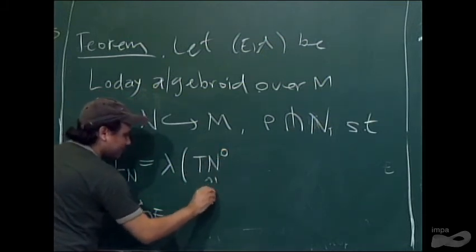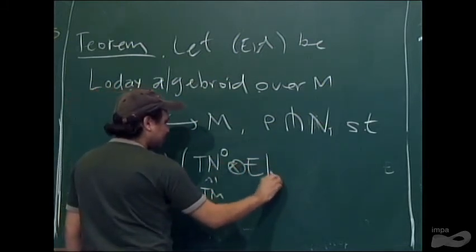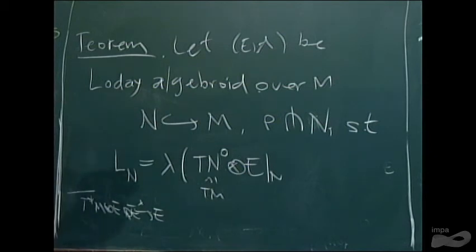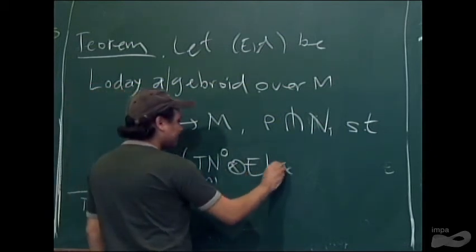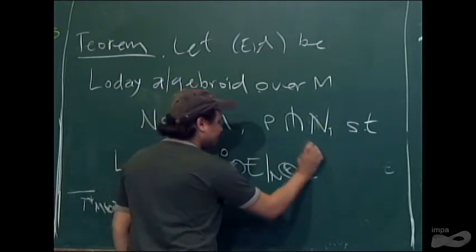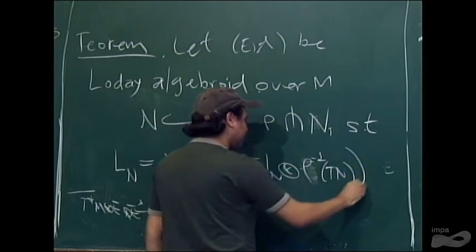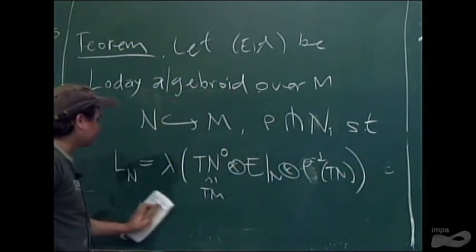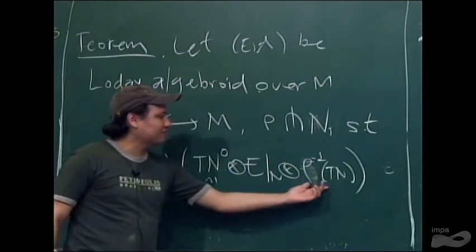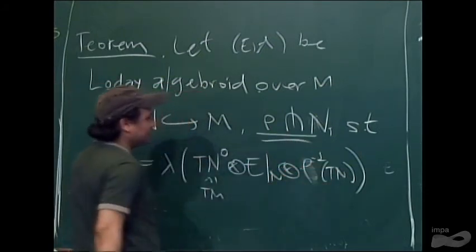So this is the annihilator, and then you restrict it just to this bundle, the restriction of E to N, and you calculate the inverse image of TN, which is also a bundle because N is transverse to the anchor.